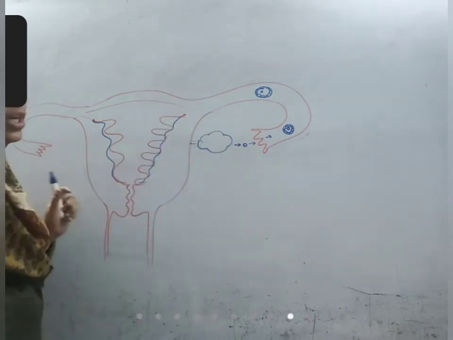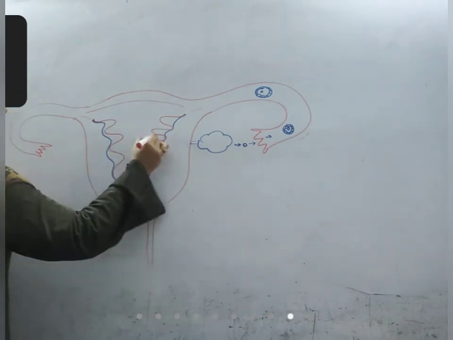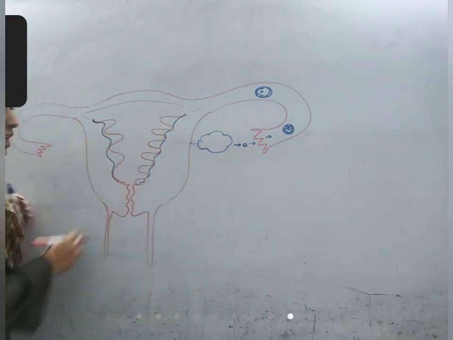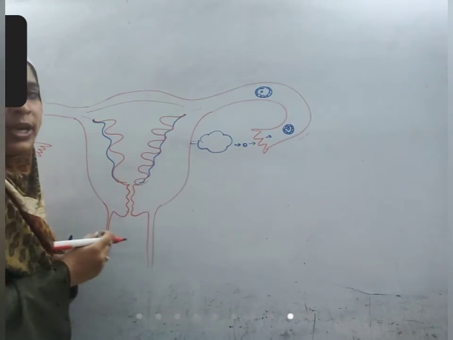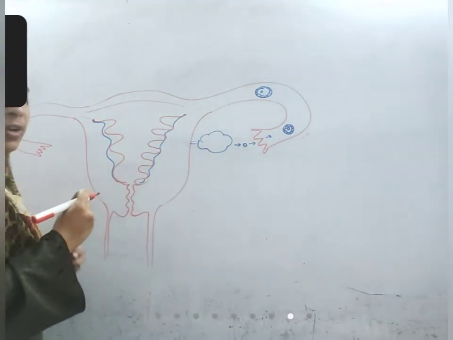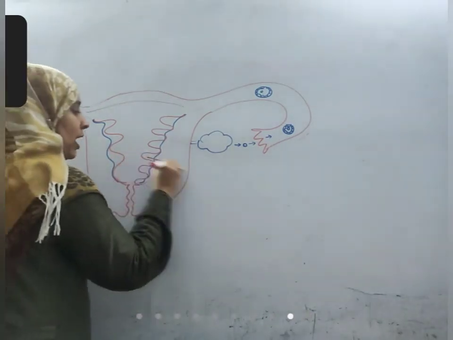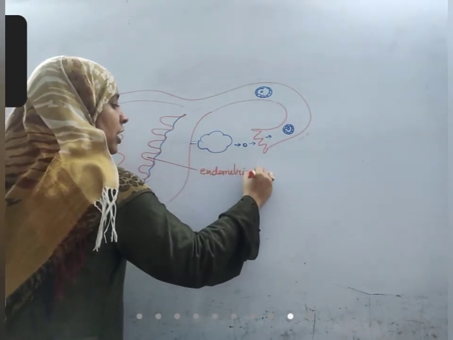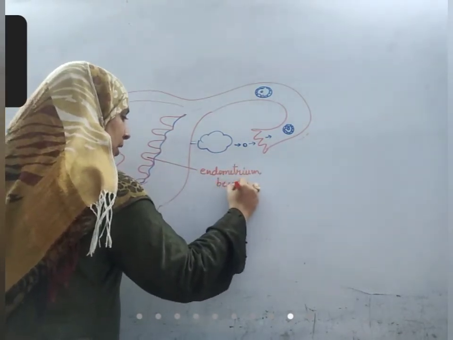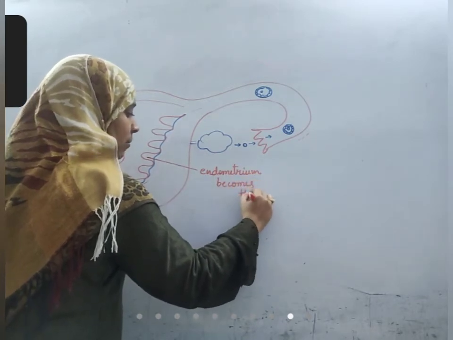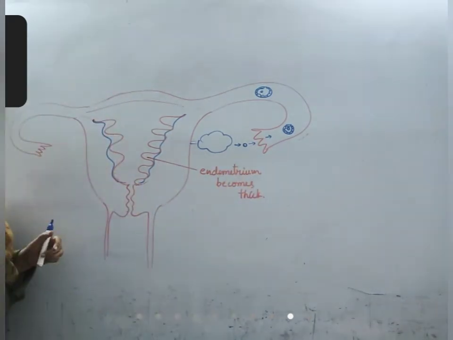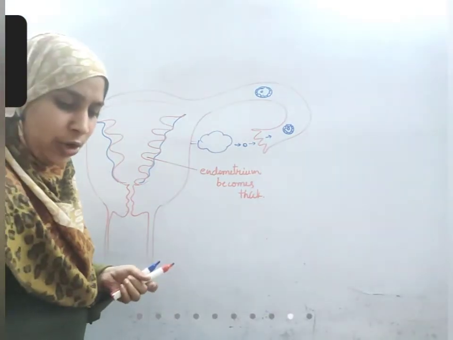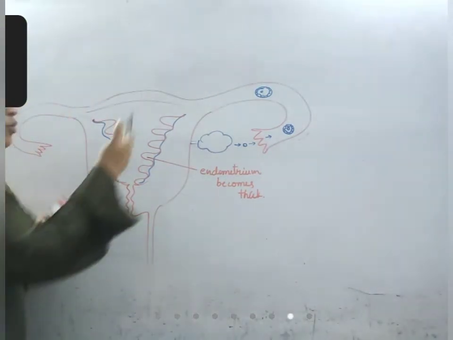After ovulation, if fertilization takes place, it is making itself ready for receiving the embryo. So the endometrium becomes thick, and after it becomes thick, it waits.